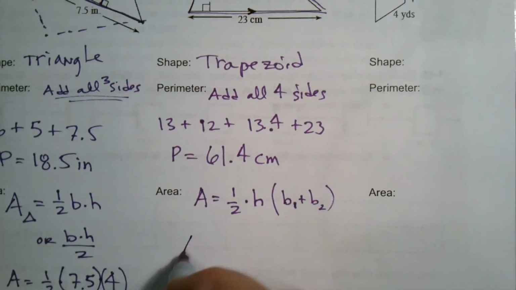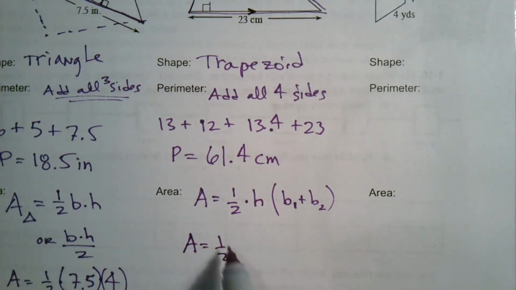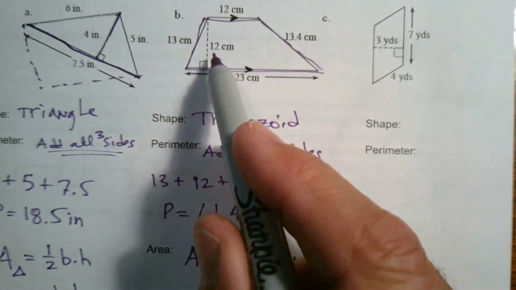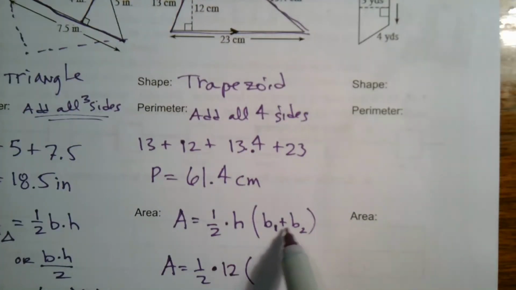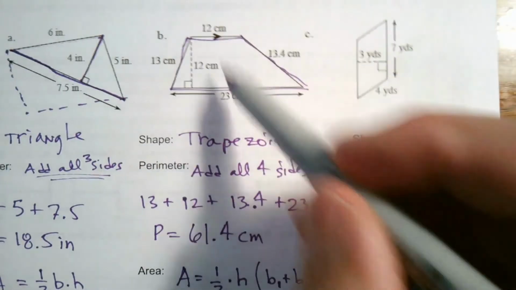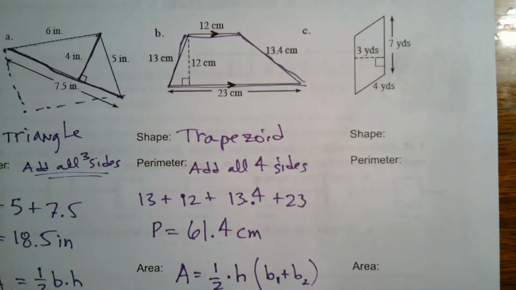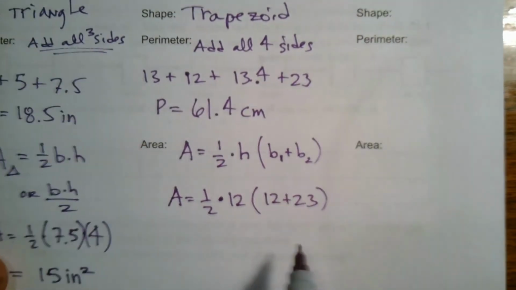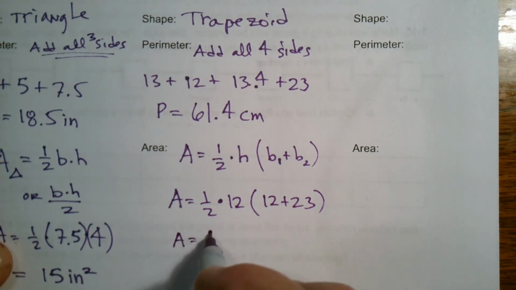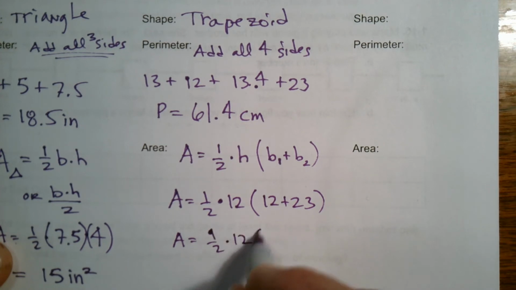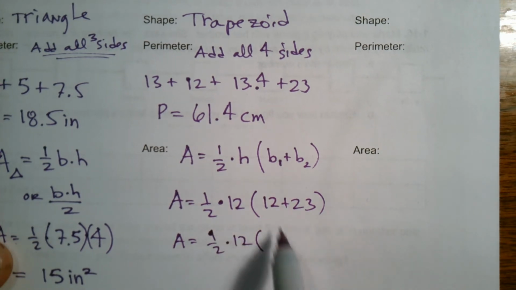So to find that, I'm going to just plug in my numbers. 1/2 times the height. Height is 12, so it's times 12, and then times the sum of the bases. So 12 plus 23. Those are the bases. One's 12, one's 23. So when I do my math here, area is equal to 1/2 times 12. I'll go ahead and do what's inside my parentheses first.